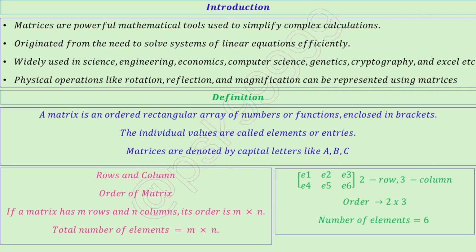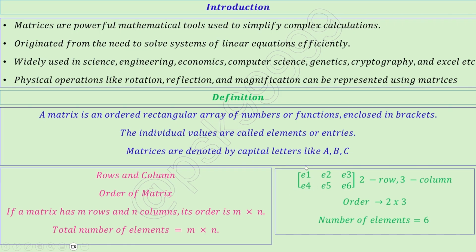For example, a matrix can be written like this. We use a square bracket, and in this matrix we have elements e1, e2, e3, e4, e5, e6, six elements. There are two rows: row 1 is e1, e2, e3, and row 2 is e4, e5, e6.